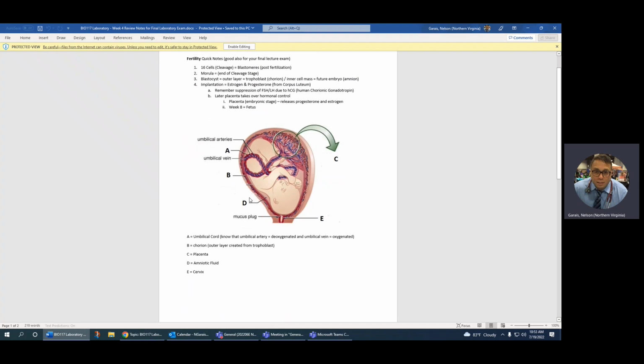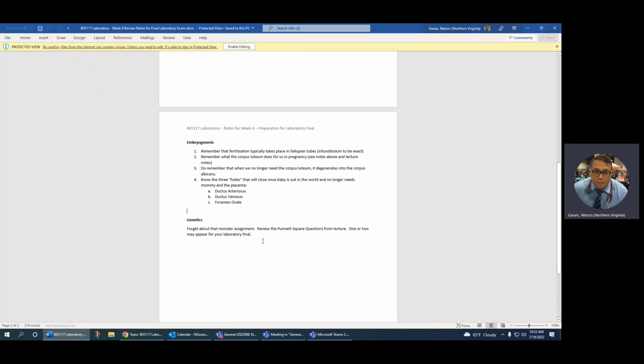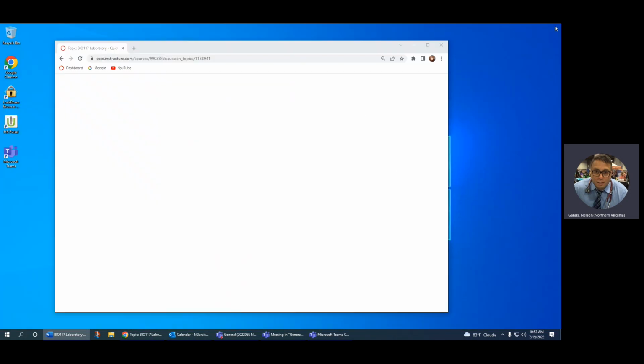But this thing I haven't, okay, so know these items. Embryogenesis. Here's nice, the 3 different holes. Nice question. Don't worry about Punnett squares because it won't be on this exam. It'll be on your final. And don't sweat it because it'll be like 1 or 2 questions out of 50 questions this Friday.